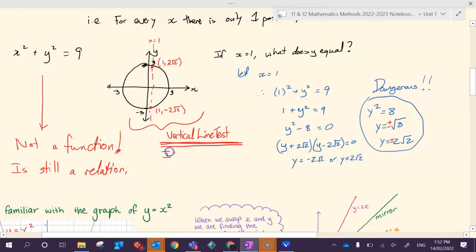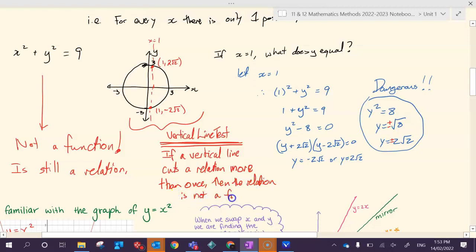If you have a vertical line that cuts a relation more than once, then the relation is not a function.